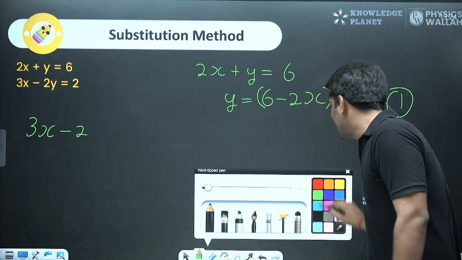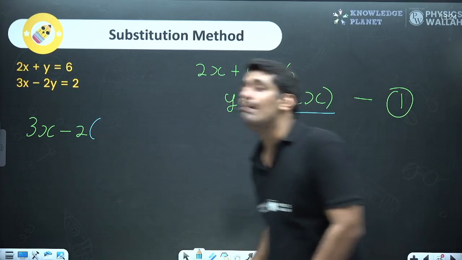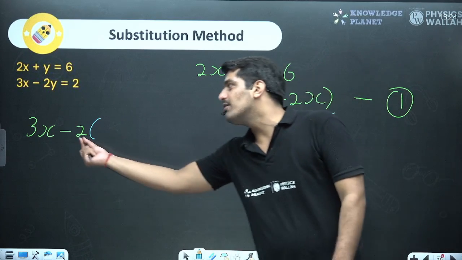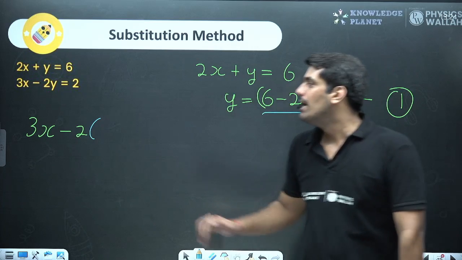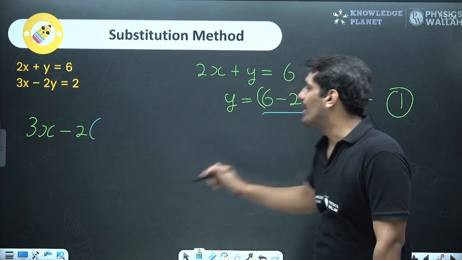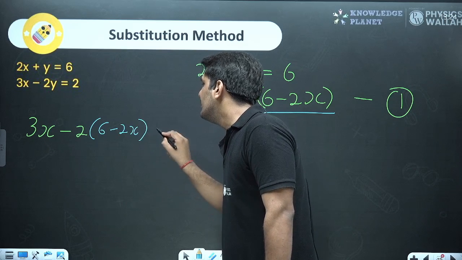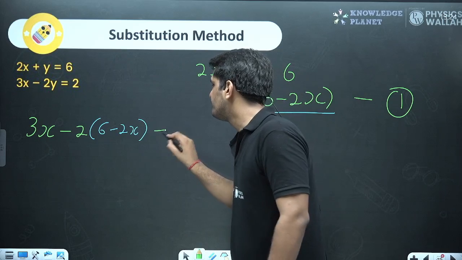This is 2 multiplied by, I am taking a bracket so that you don't end up with any calculation error, because we have a negative sign. Most of the students make this common mistake. Writing it (6 minus 2x). 3x minus 2(6 minus 2x) equals, we have the same thing, equals 2.